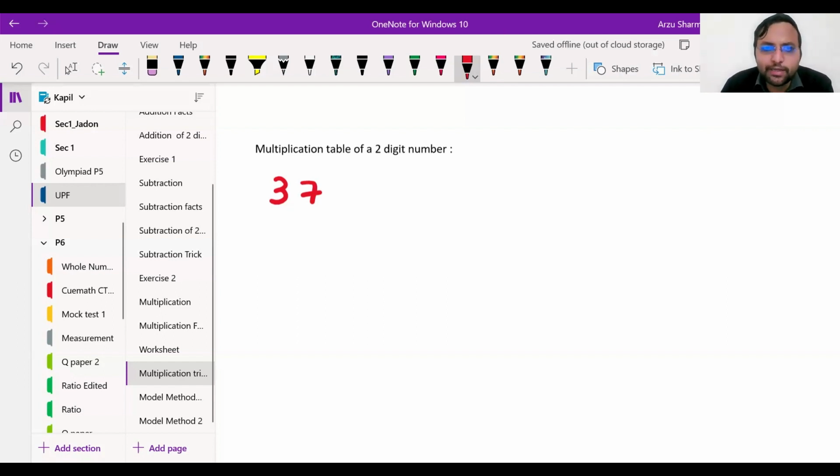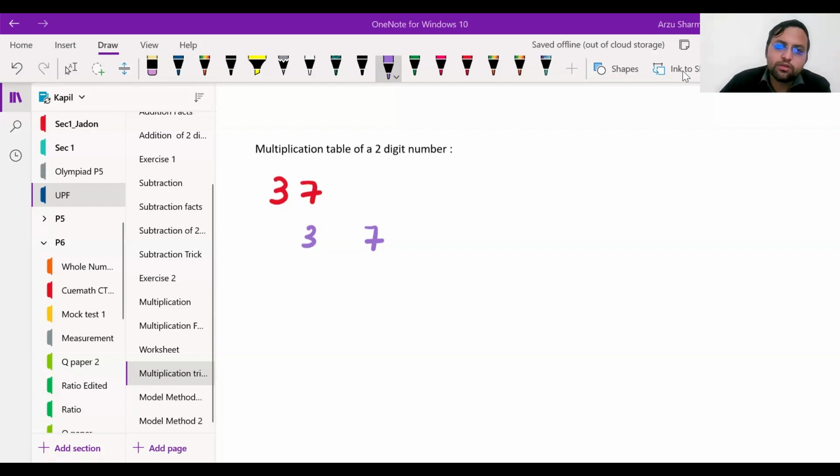This is a simple trick. First we write both the numbers like this. Then we write the multiples of each of these numbers.